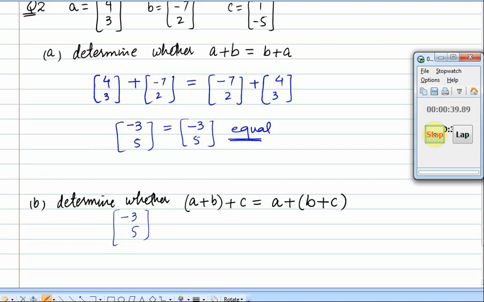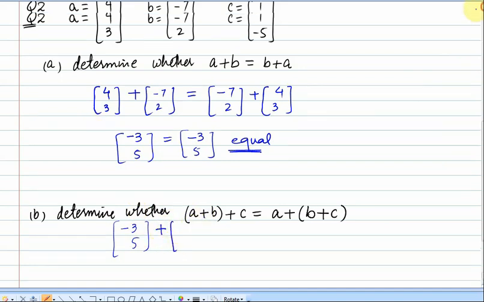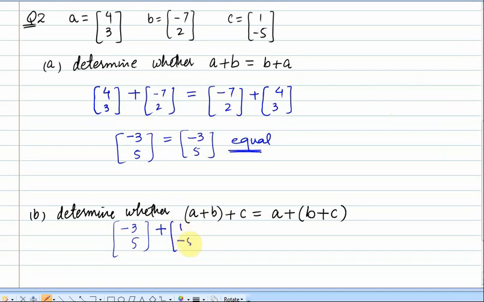Done? Alright. Now I'm going to start the solution. So A plus B is (-3, 5), as we found out in part A, plus C. The vector C is (1, -5).